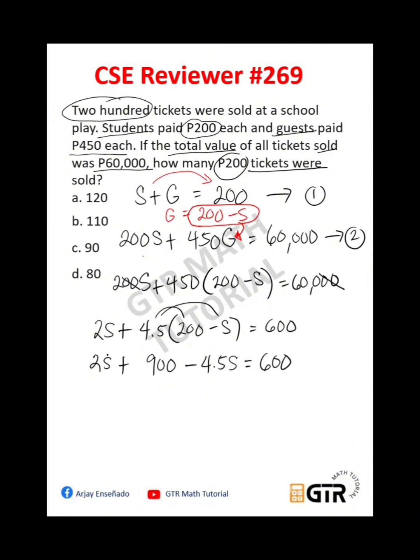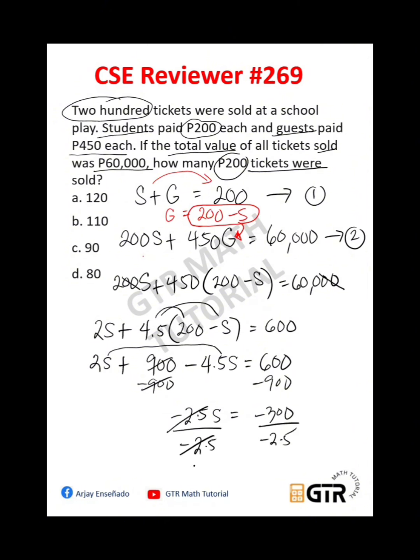We combine 2S minus 4.5S, which is equal to negative 2.5S. And then combine the 900 and 600 by subtracting 900 from both sides. So this will cancel out. This is equal to 600 minus 900, we have negative 300.